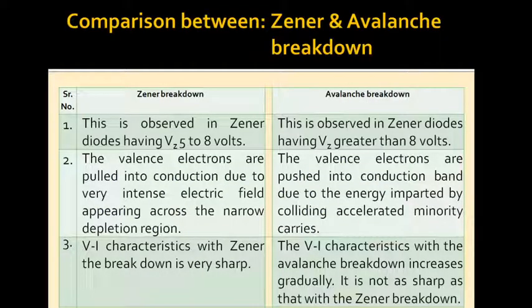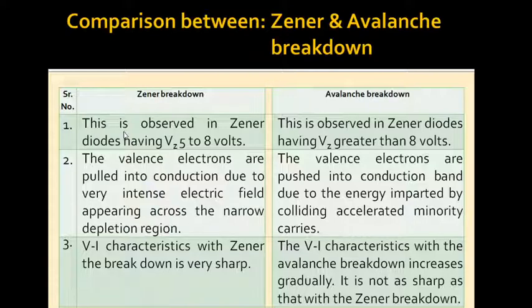A very interesting thing: you have heard of the avalanche breakdown effect in a normal diode, and the Zener breakdown is a speciality of a Zener diode itself. But in a Zener diode, you have the chance of both Zener breakdown as well as avalanche breakdown. How and when they occur, I have made in tabulated form and you will get the flavor of it.